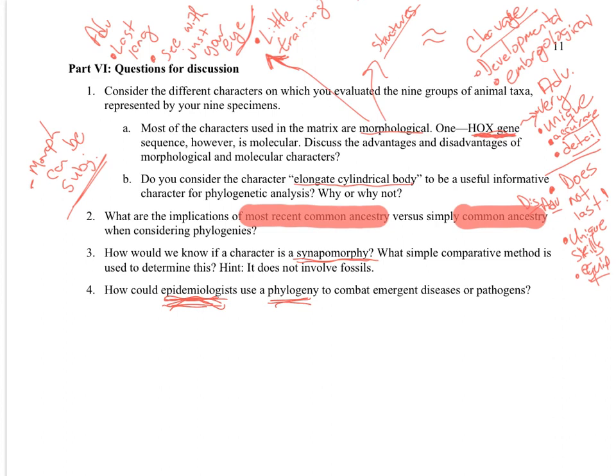And the key is an epidemiologist would look at that data so that they can figure out who are the most vulnerable of our population to this virus or bacterial infection, and decide how to best treat the humans for this disease that do get it, but also how to prevent humans that haven't gotten it yet from getting it. And so by using phylogenies, we can see, let's say, everyone with this particular gene sequence, or everyone from this region of the country is getting the disease.